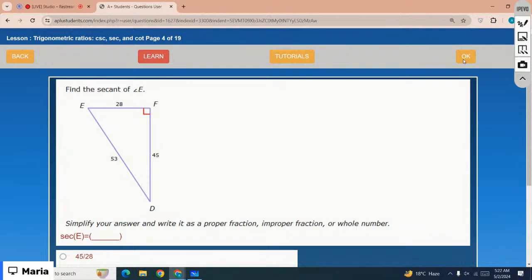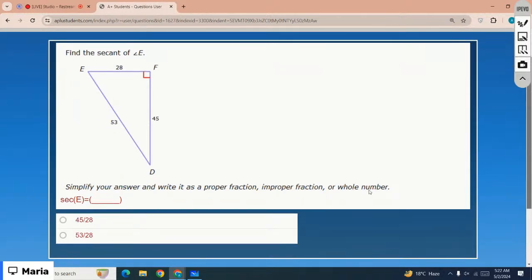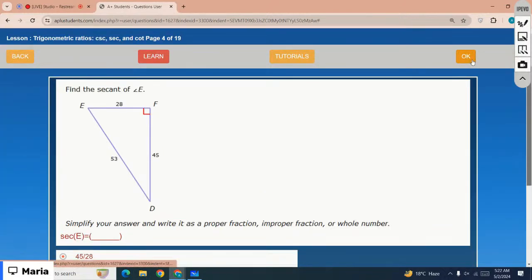Secant of angle E. Okay. That would be hypotenuse over adjacent, right? That is 45 over 28. Option number 1 is the correct option. That would be 45 over 28.